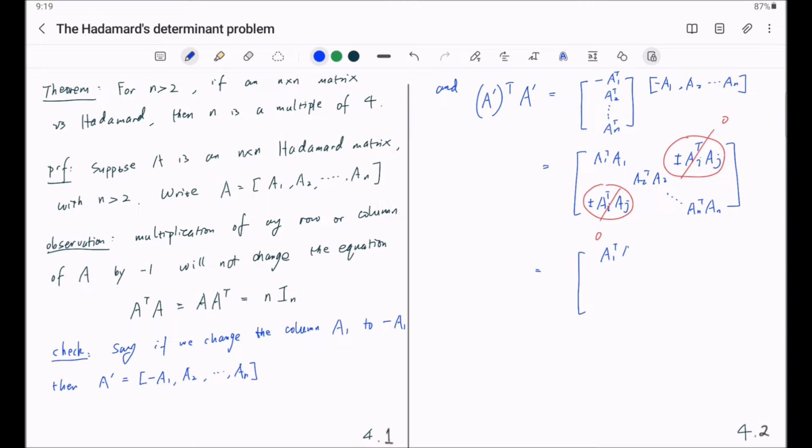So this must be equal to the original A^T A, which is n times I.